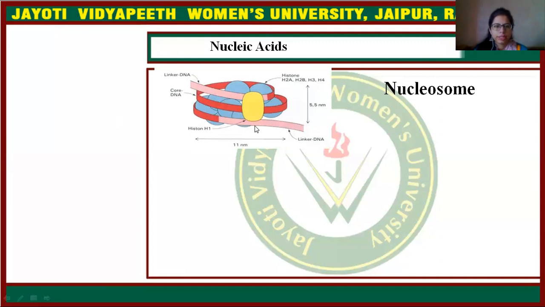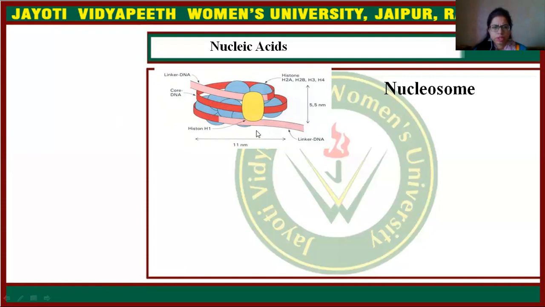This is basically the DNA molecule, the core DNA, and these are the histone proteins, which are H2A 2 molecules, H2B 2 molecules, H3 2 molecules, and H4 2 molecules. Total 8 molecules, which form an octamer. They are wrapped by the core DNA molecule or thread.